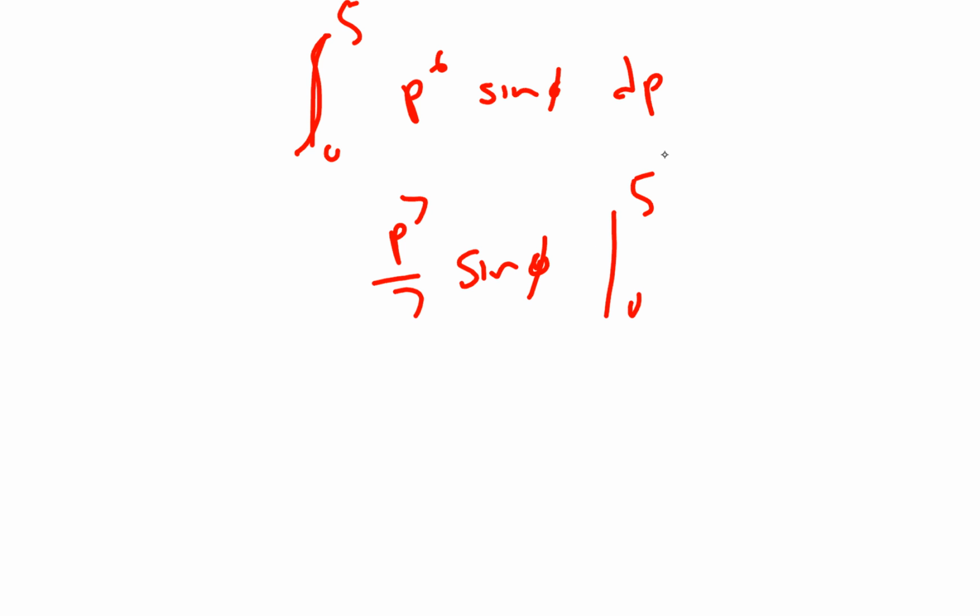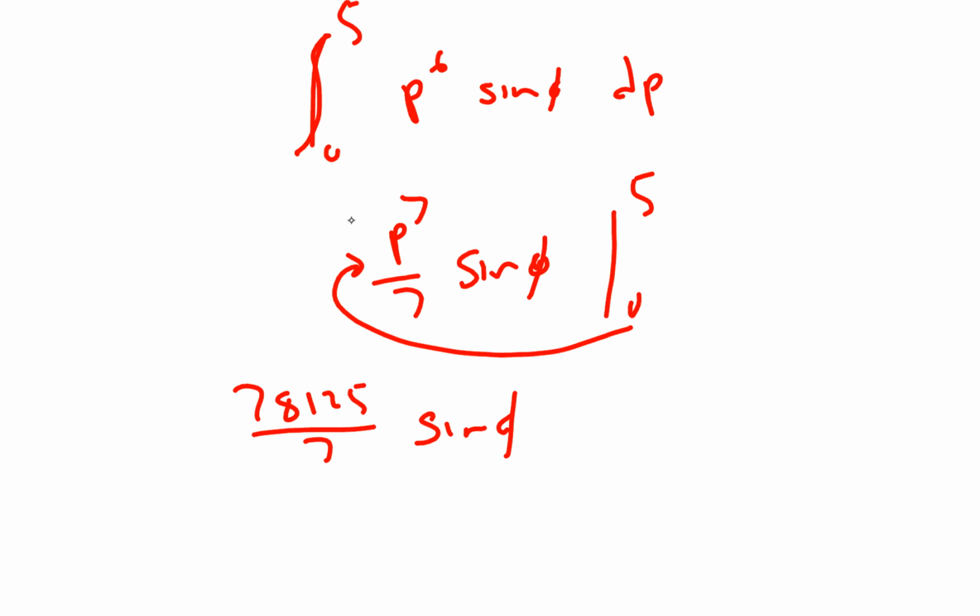Unfortunately, we have to do 5 to the 7th power, so that turns out to be 78,125 divided by 7, sine phi. When we plug 0 in, we can tell that that's just going to go away. So that's the inside integral.